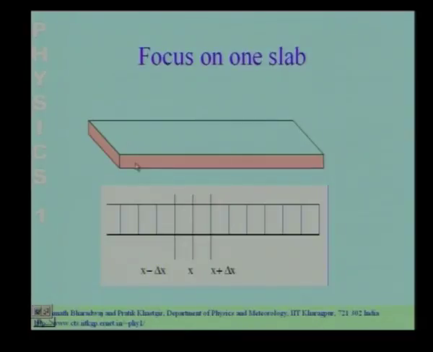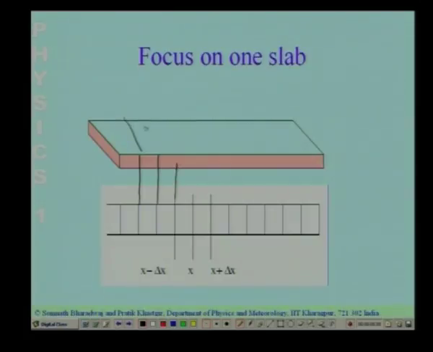In order to study these disturbances, the disturbance is only along this direction, and it only varies in this direction also. So, in order to study this disturbance, we had divided the rod into slabs like this.